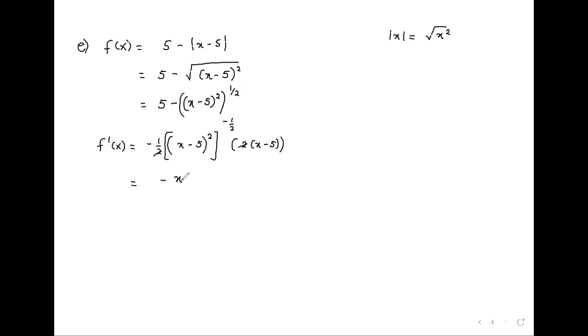And so we'll have negative (x minus 5) over the square root of (x minus 5) squared. This means that we'll have negative (x minus 5), in fact this should be in brackets, over the modulus of x minus 5, the positive modulus. So I've used another definition of it, and this is another way of getting the first derivative.